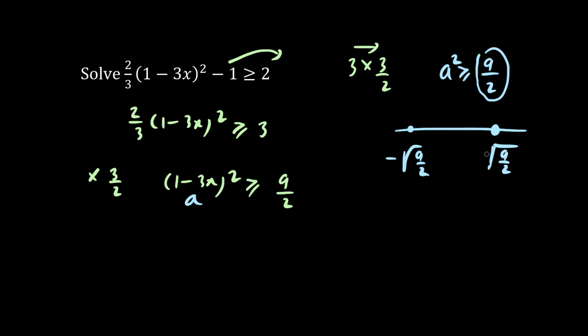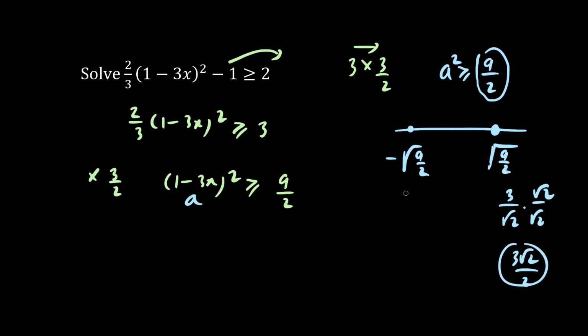And by the way, we're allowed to take the square root of the top and the bottom. The square root of 9 is 3, and the bottom here is root 2. We can even rationalize, multiplying top and bottom by root 2. So we have 3 root 2 over 2. So this is the critical value.